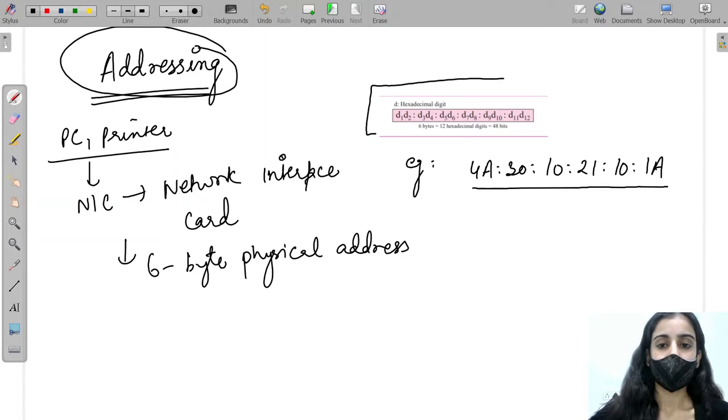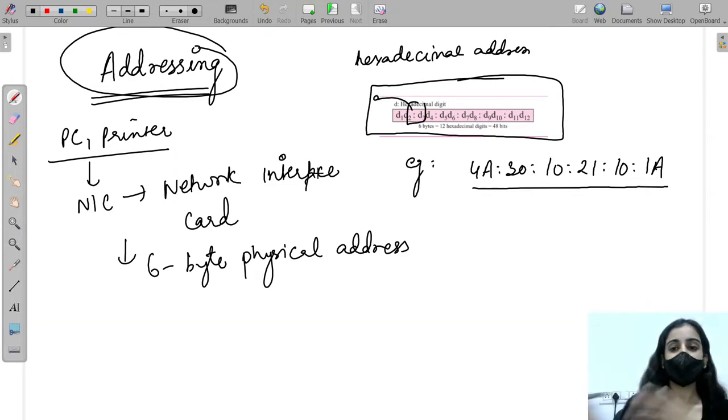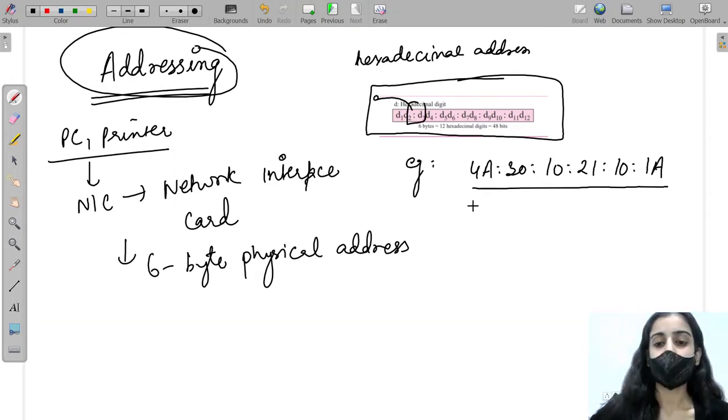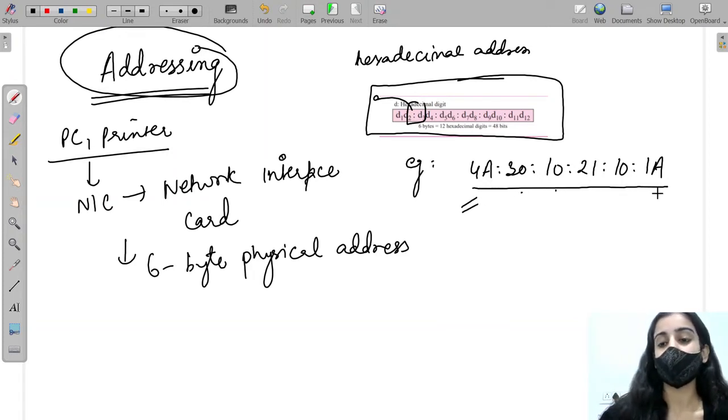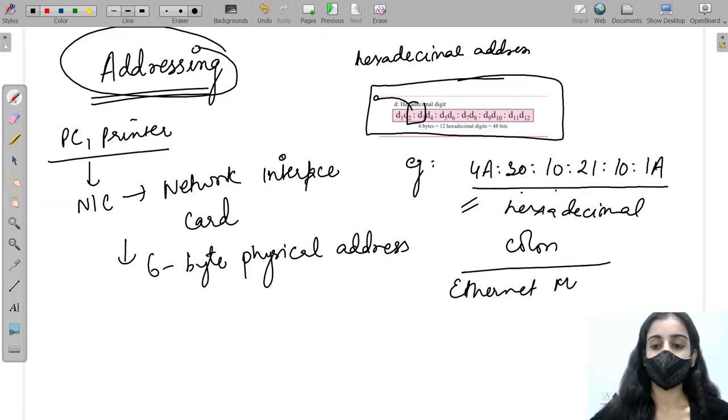This is the format of this address. It's a hexadecimal address with colons. For example, this address 4A:30:10:21:10:18 is a hexadecimal address with colons, and it is an example of an Ethernet MAC address.